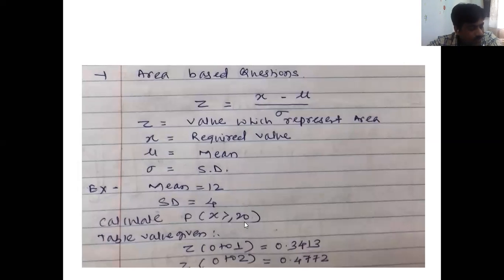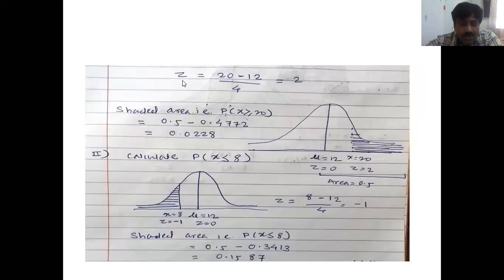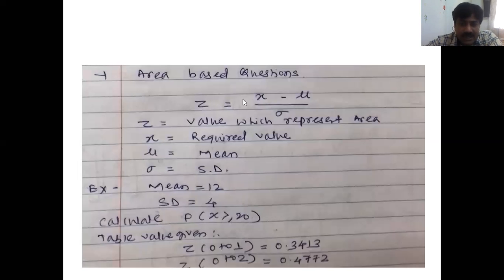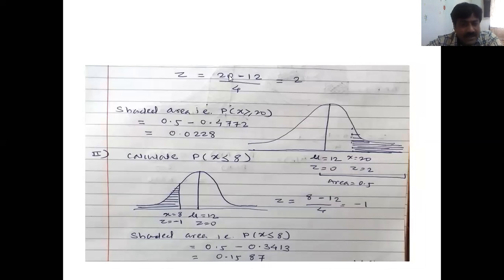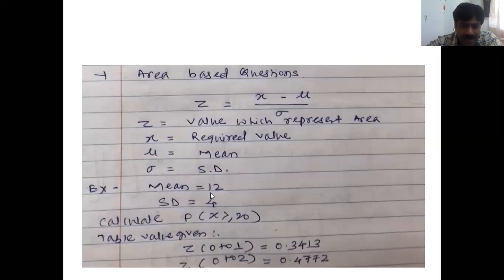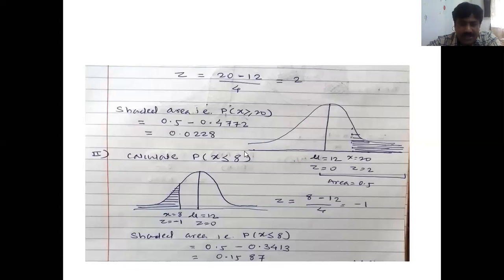As per the formula, z is equal to x minus mu divided by sigma. The x value is 20, minus 12, which is the mean, divided by the standard deviation 4. So this z value comes to 2.